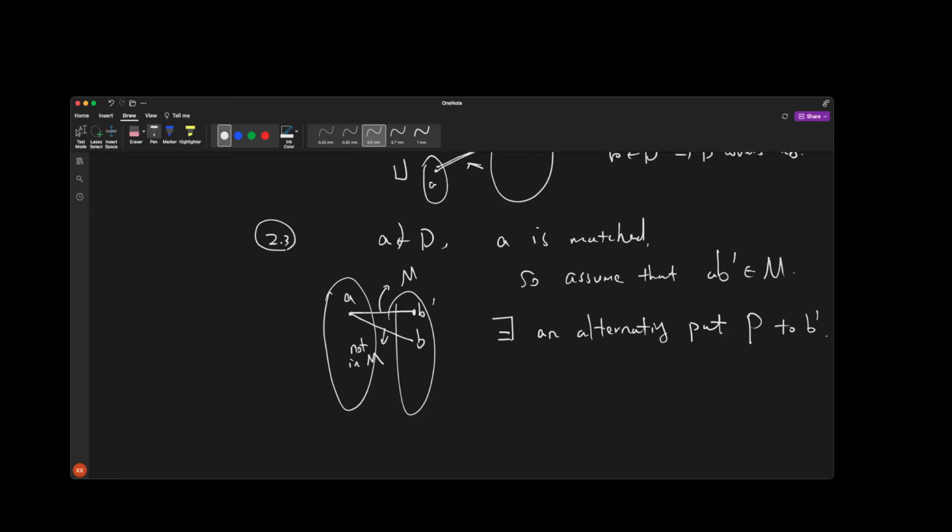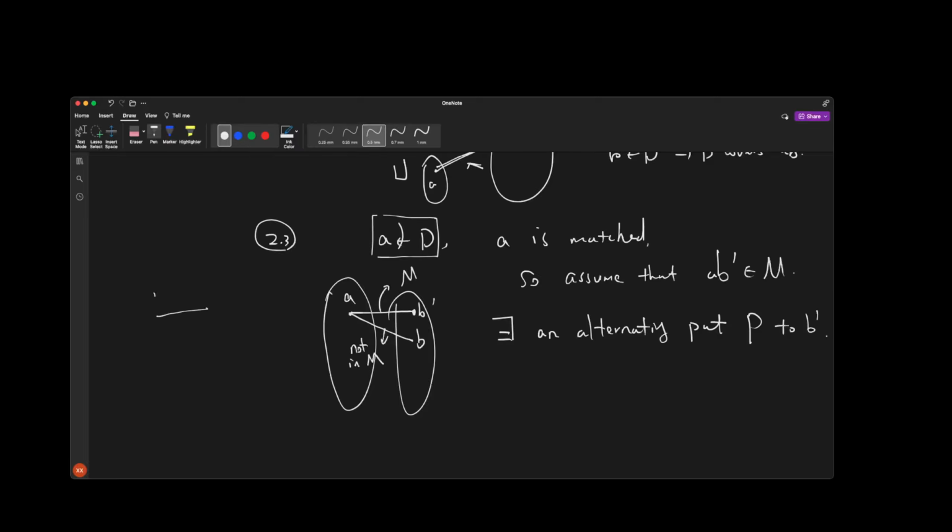Yeah, right. Because we assume A is not in D, right?